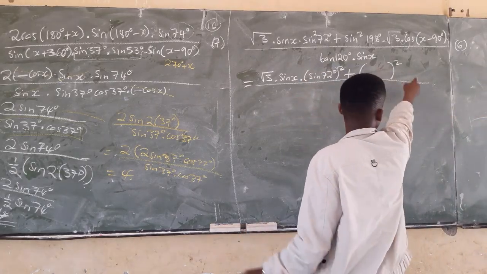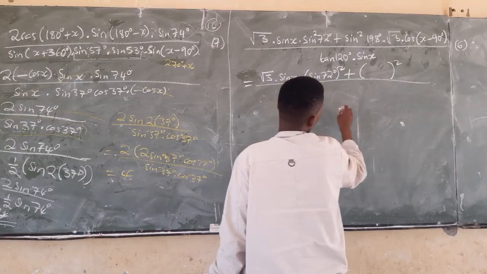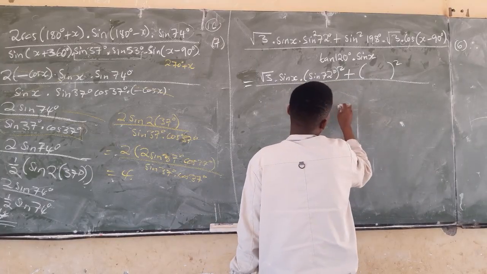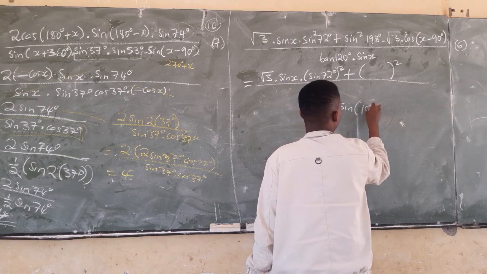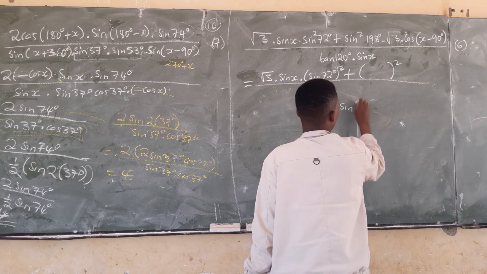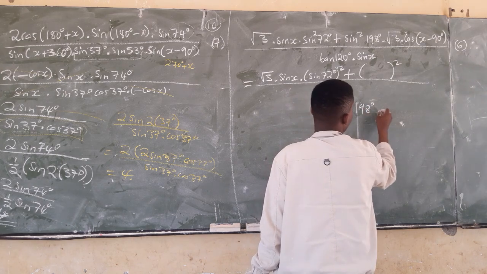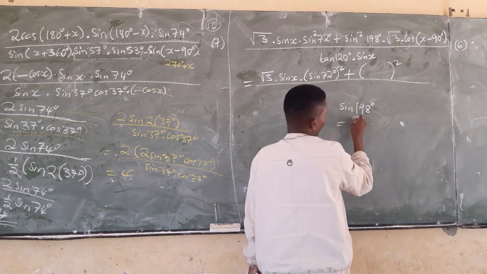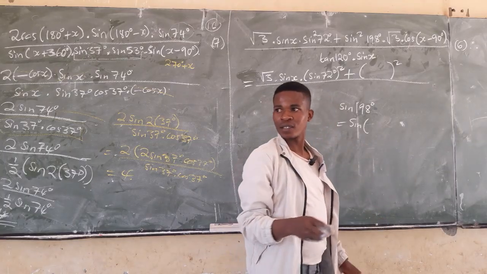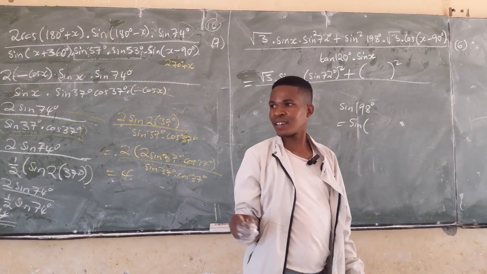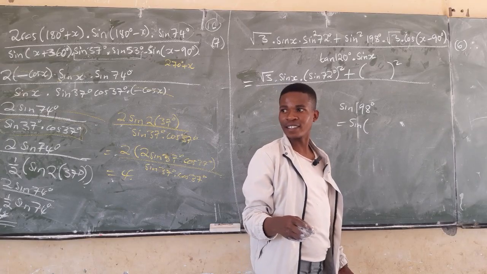So right, on the other side, what do I have? I will have sine of 198 degrees, which is what? Sine of 180 plus 18.